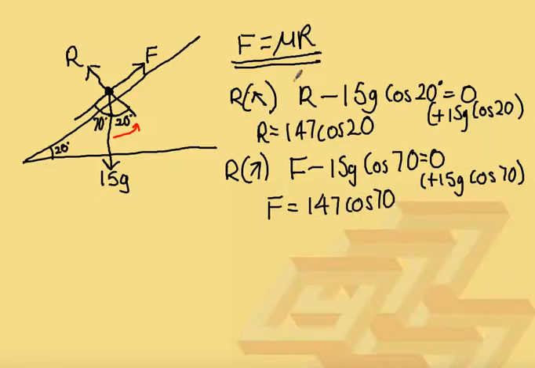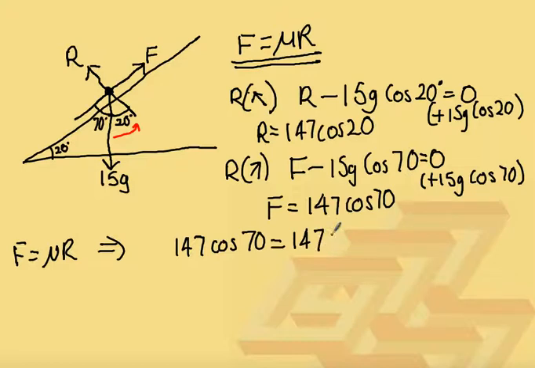Now, as I said, like most questions, we start off just by resolving in the correct directions, parallel and perpendicular to the plane, and we form most of the information that I need. Even if you just do this, all the marks that are left are just a couple, because we're going to use this equation now to find mu. Using this equation to find mu, I'm going to substitute in F, so 147 cos 70, and I'm going to substitute in R, so I get 147 cos 20 times mu.